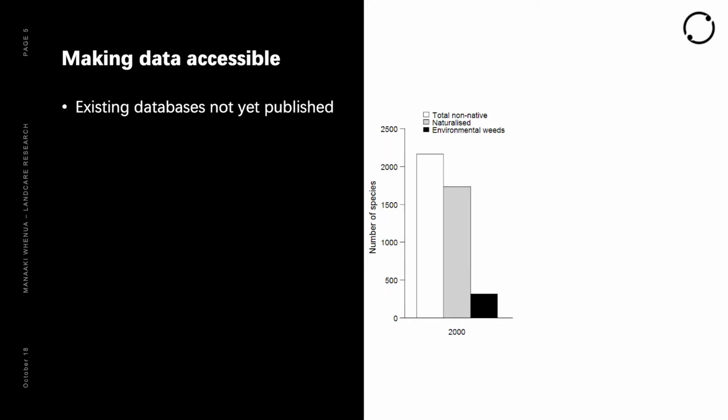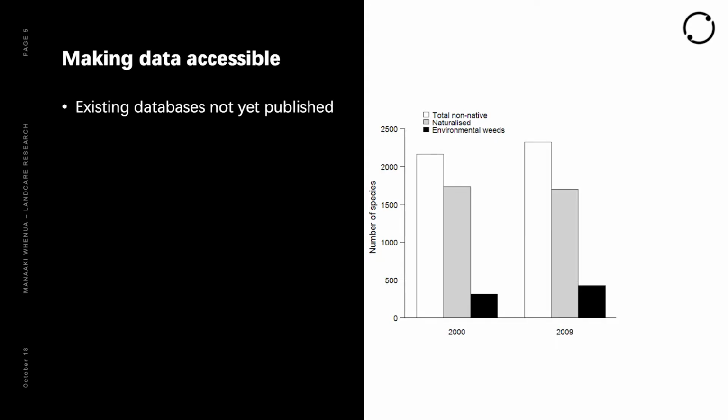It shows that we had over 2,000 introduced plant species present outside of captivity in New Zealand by the year 2000. The majority of those had naturalized, and just over 300 were considered environmental weeds by the Department of Conservation.